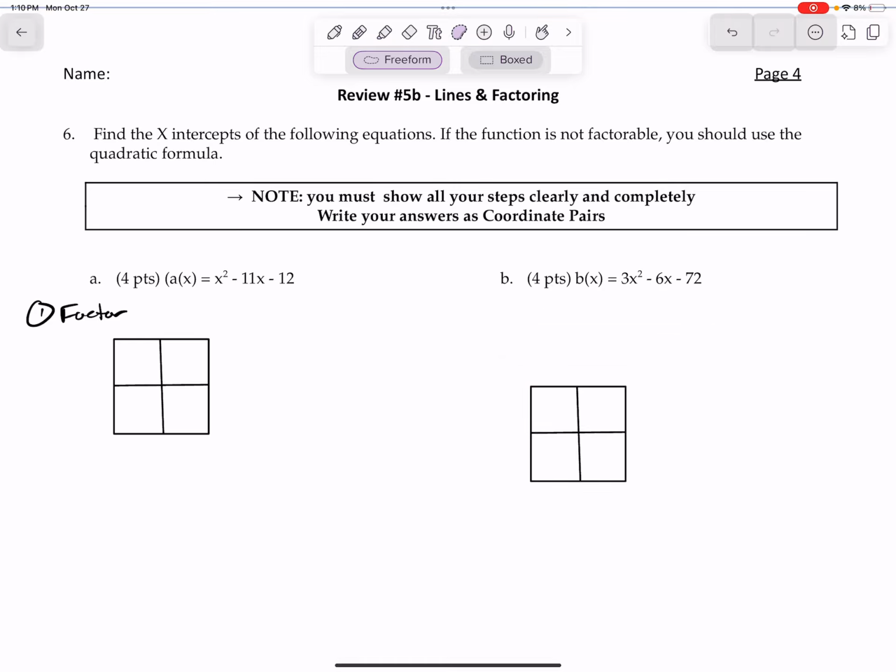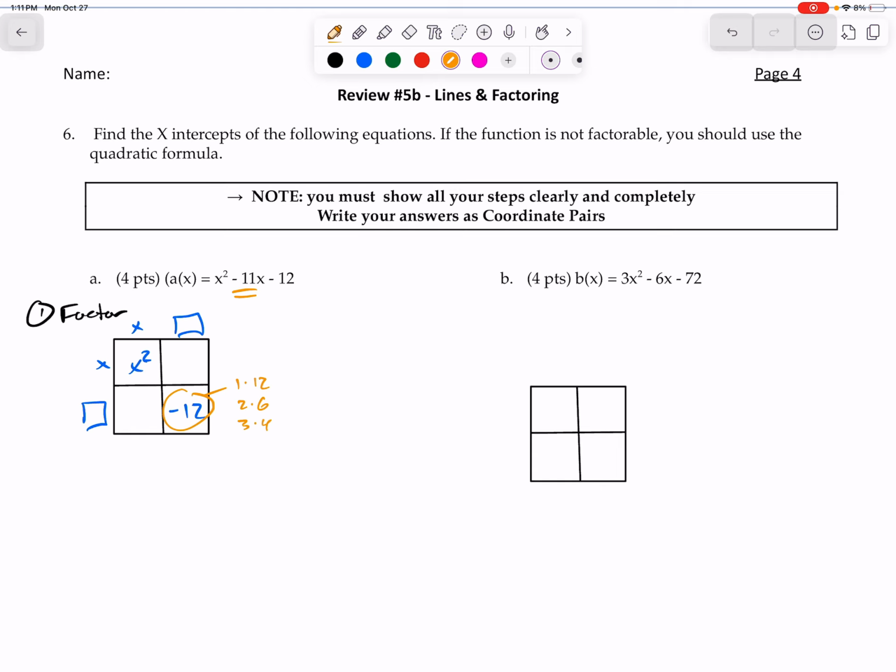So if I factor this, I know that I'm going to have an x squared. That's going to come from x times x. I don't know what those two things are, but I know they have to multiply to negative 12. Well, the only things that multiply to negative 12 are 1 times 12, 2 times 6, or 3 times 4. And since I have to make negative 11, I'm going to choose those.